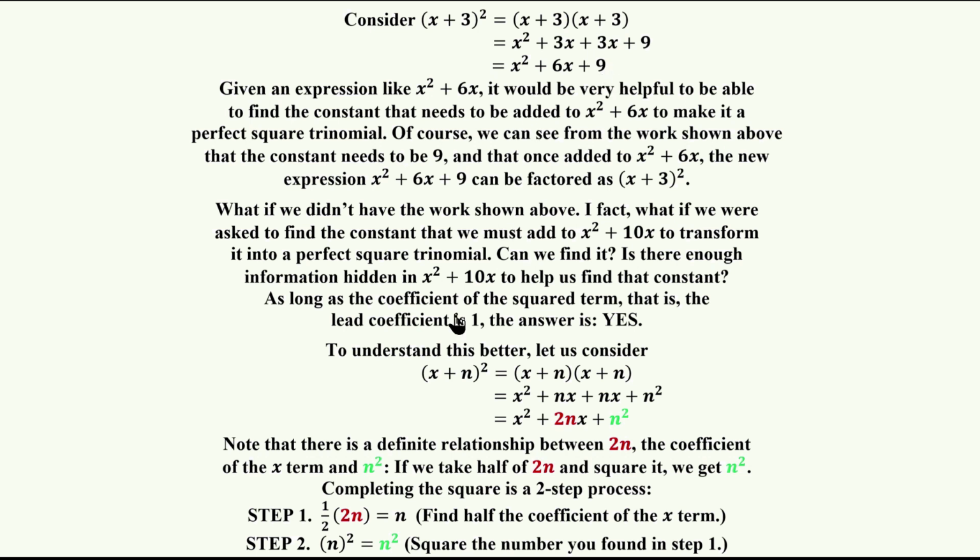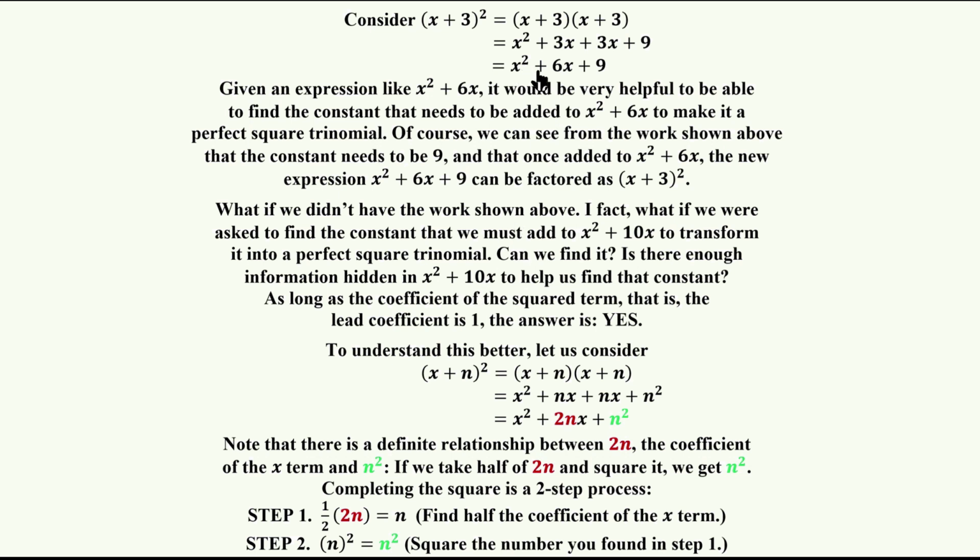But what if you had another expression like x squared plus 10x? What we want to know is, is there enough information hidden inside x squared plus 10x itself that will help us find that number that's missing, such as in the previous case it was 9? What would it have to be so that when we add it to x squared plus 10x, it also becomes a perfect square trinomial?